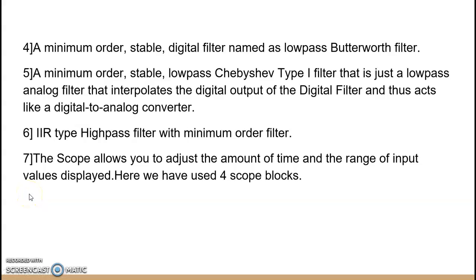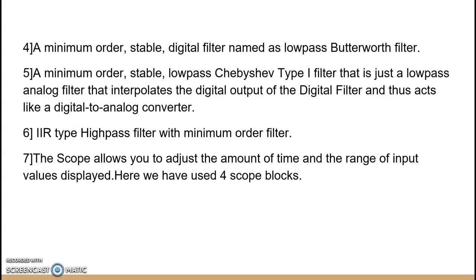A minimum order stable filter is designed, named the low pass Butterworth filter. A stable low pass filter of the analog type interpolates to a digital output, and the digital filter acts like a digital to analog converter.